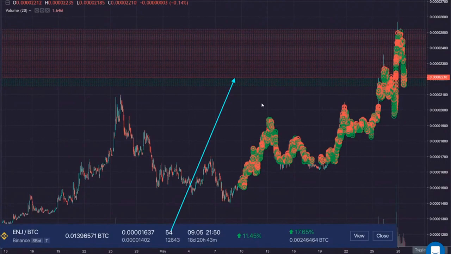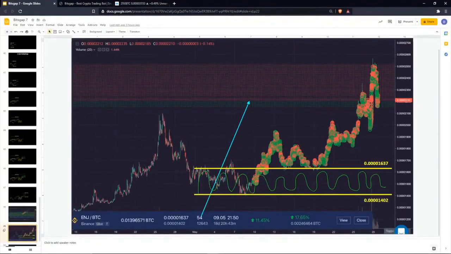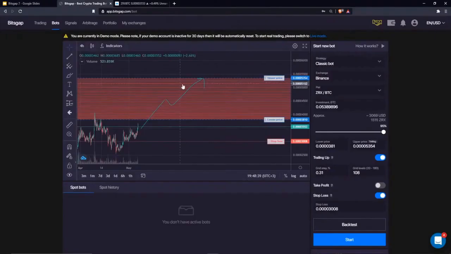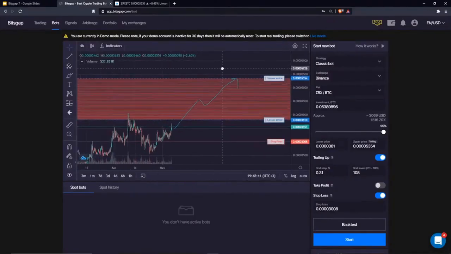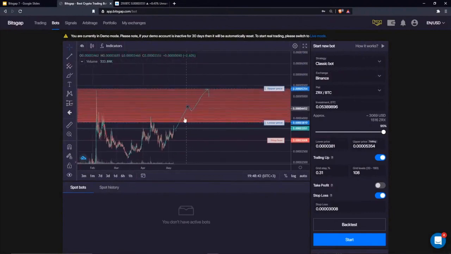Let's say you are away on holidays, you have no time, or you don't want to spend time on monitoring your bots. By enabling the trailing up, you just let the bot do the job. In case the price goes higher while you're absent, you can be away, you can sleep as Bitcoin goes higher.